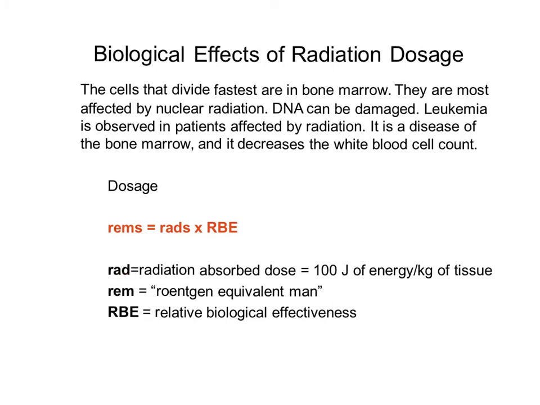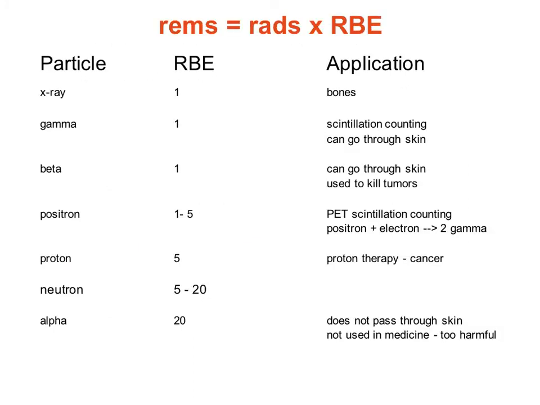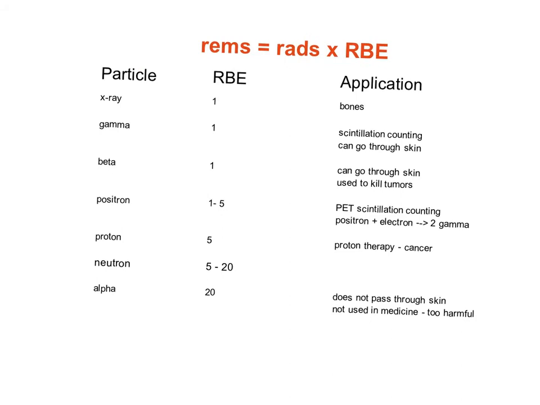So when you read about Fukushima, you'll read about how many sieverts there were, and I think the difference might be 1,000 joules instead of 100. But anyway, you can go back and forth. So, we're focusing here on 100 joules of energy per kilogram of tissue times the RBE, and the RBE is given here.